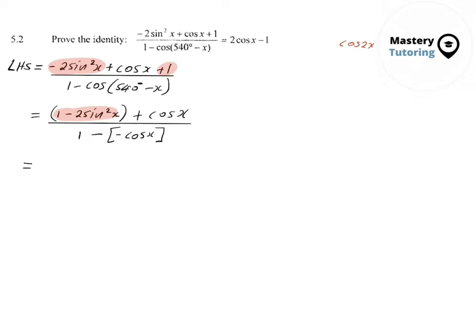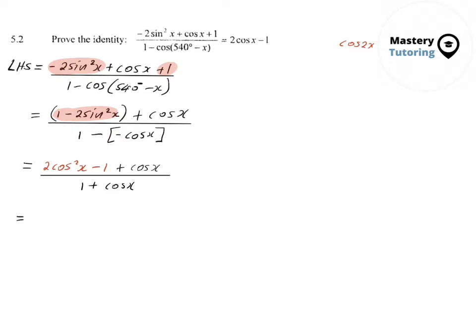So I will now have, I'll use a different color so that you can see what I did here. I'll use 2 cos squared x minus 1. That's what I've brought into this expression, plus cos x, and then the whole thing is divided by 1 plus cos x, because a negative and a negative gives us a positive.